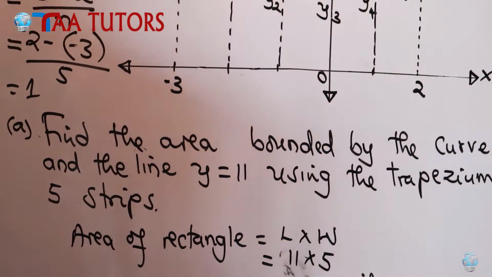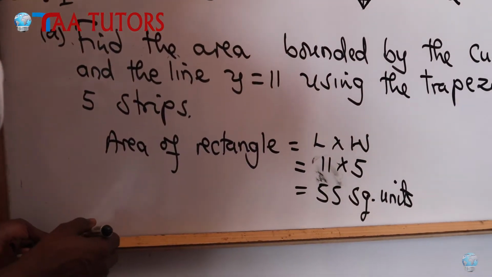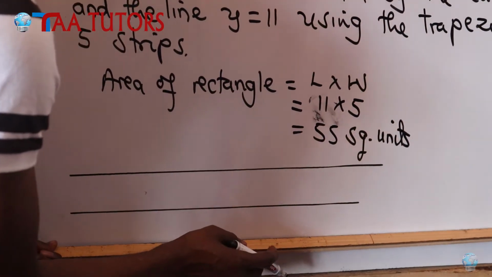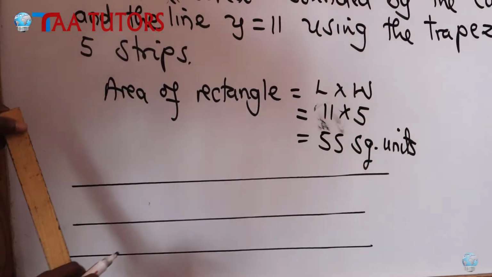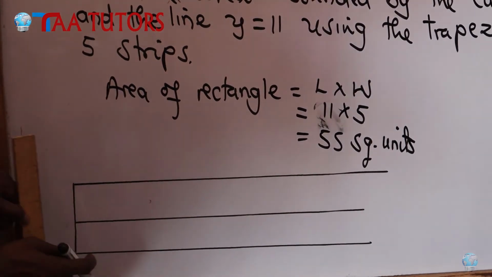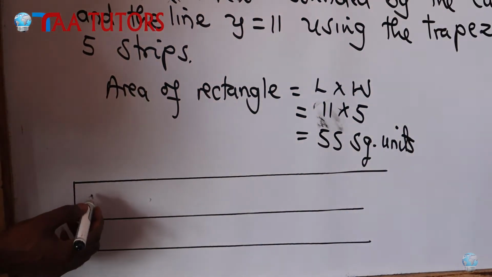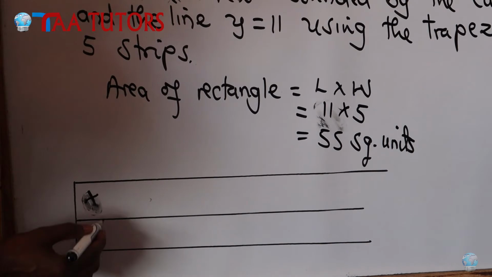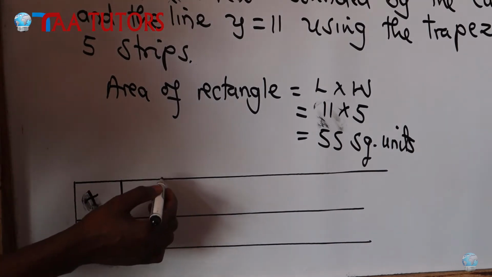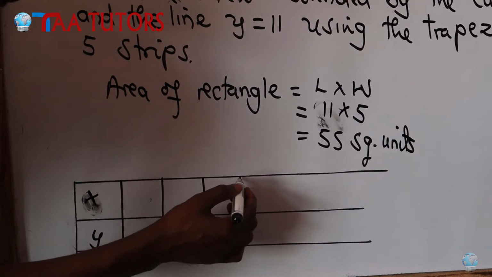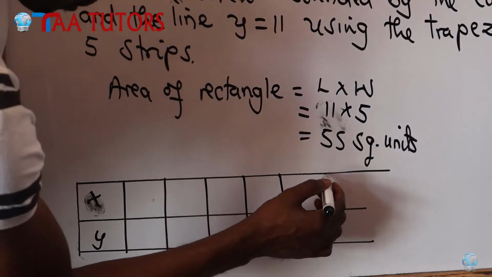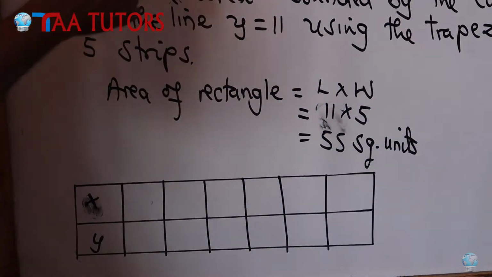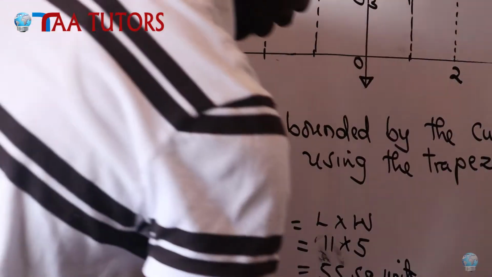After getting h, what I want us to do is to get a table so that we can get these values of y0 to y5. We know the function is y equals x squared plus x plus 5. So this is x, this is y, with 1, 2, 3, 4, 5, and 6. The first y we get when we substitute x as negative 3.